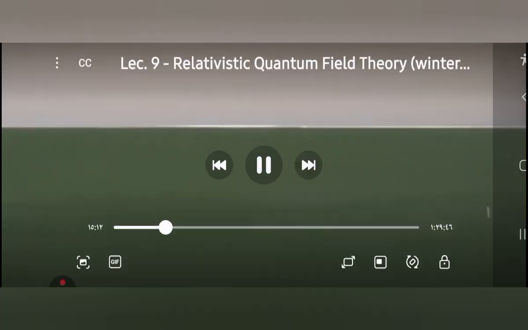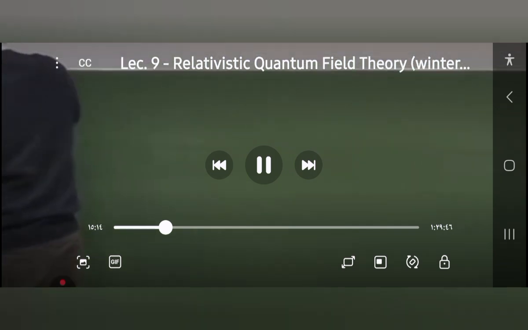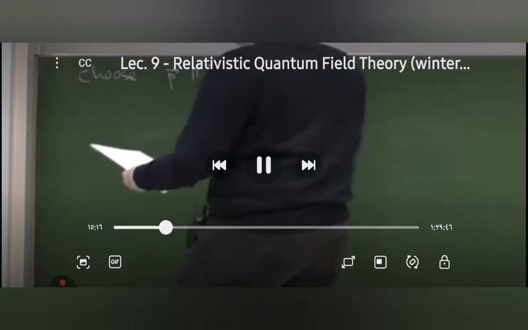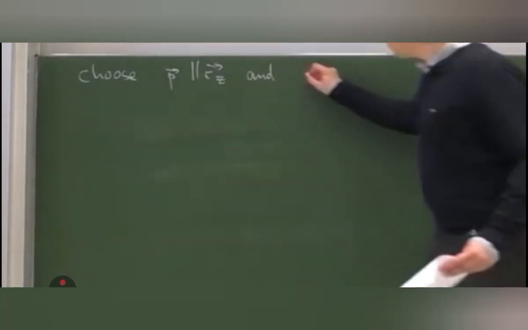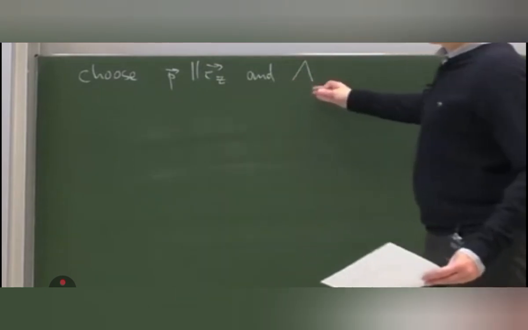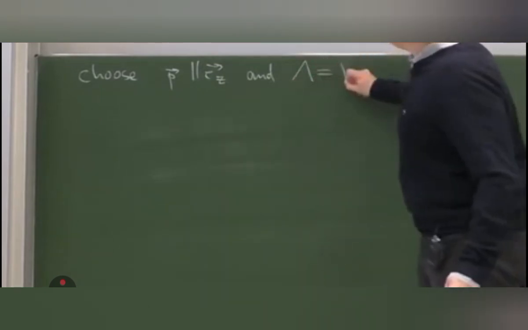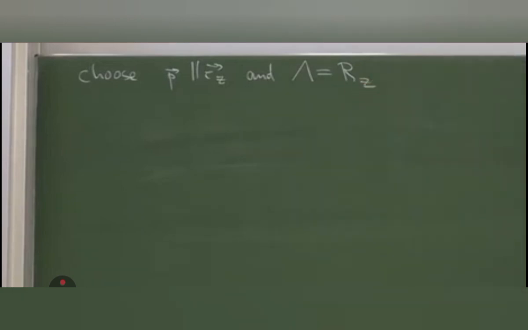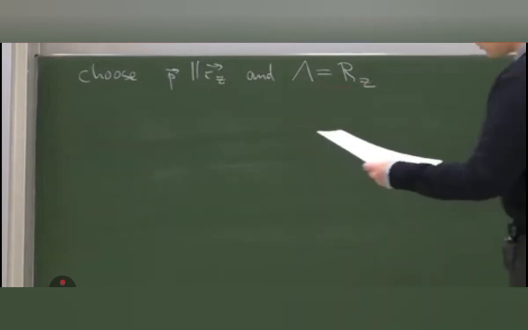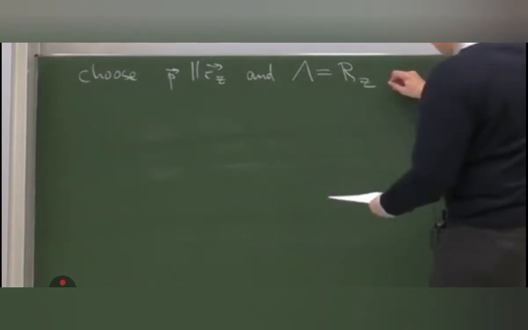So, then, now, let us calculate something. Let us choose again P parallel to Z or 0. And let us now look at a specific type of Lorentz transformation. Namely, let us choose as a Lorentz transformation lambda a rotation around the Z-axis. So that symbol just means let us choose a rotation around the Z-axis with some arbitrary angle.